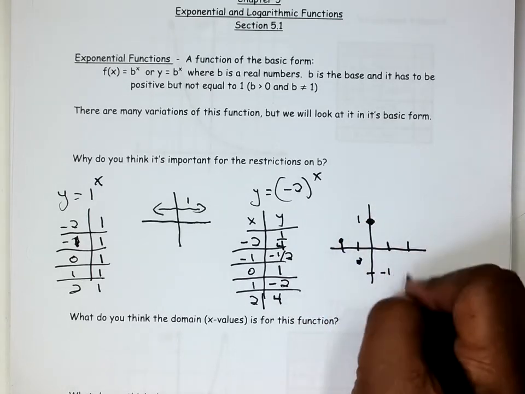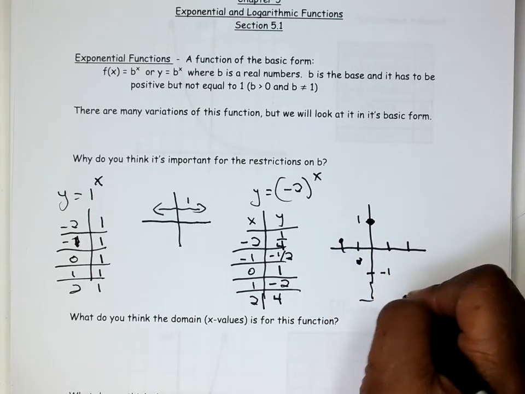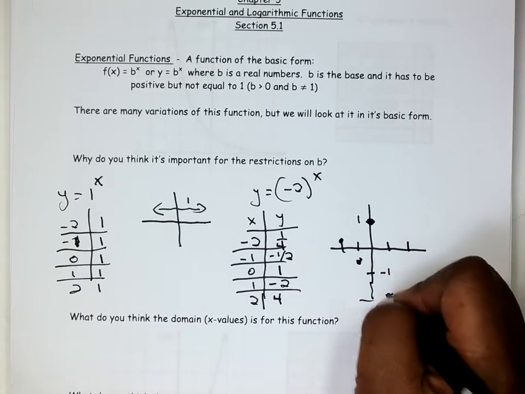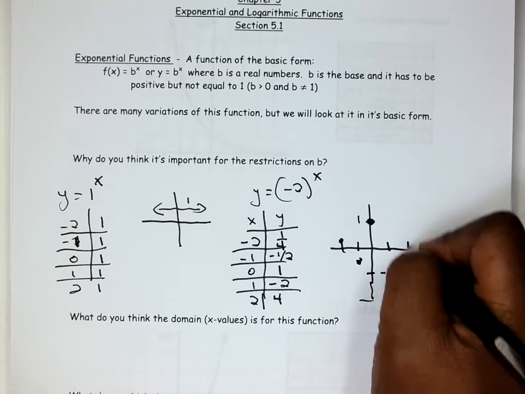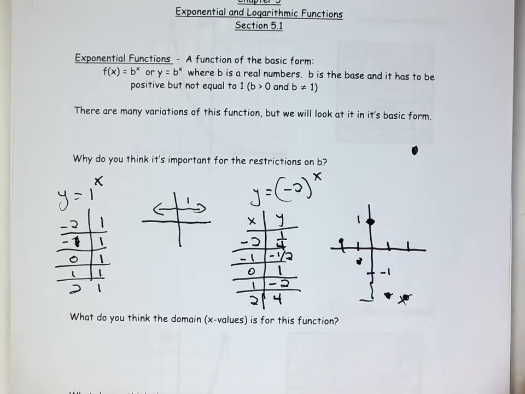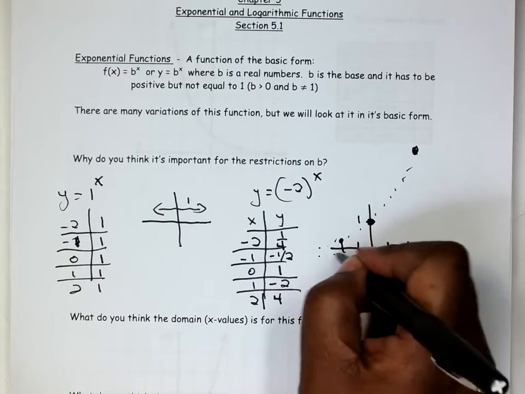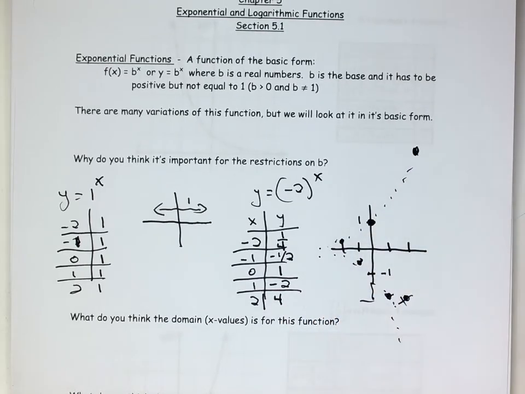At 1, I'm down here to negative 2. And at 2, I'm up at 4. So what happens is instead of having smooth curves, we wind up getting these dots all over the place. And we don't want to look at that, right? It's really hard to do anything with it. So that's the reason why we have those restrictions on the bases.